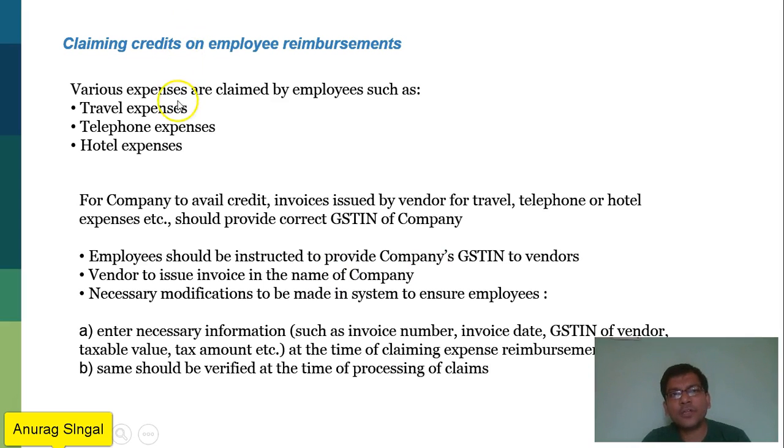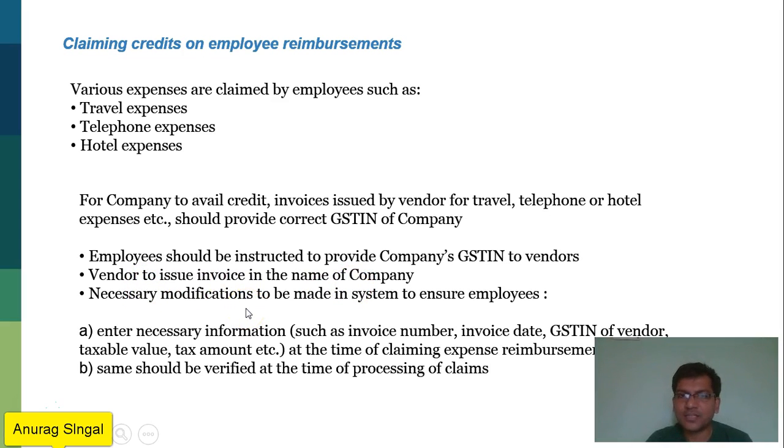Please remember that for expenses such as travel expenses, telephone expenses, hotel expenses, you should ensure that the vendor issues the invoice in the name of the company and provides the company's correct GSTIN. Employees should be given clear-cut instructions: this is our GSTIN. When you go to a hotel, mention that GSTIN and have the invoice issued in the name of the company.